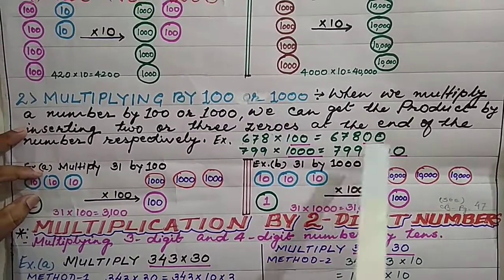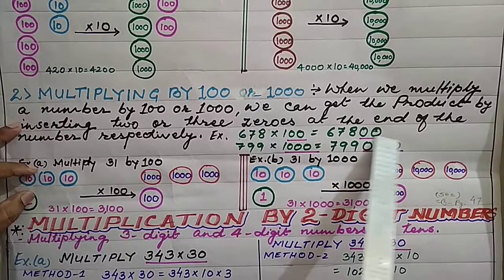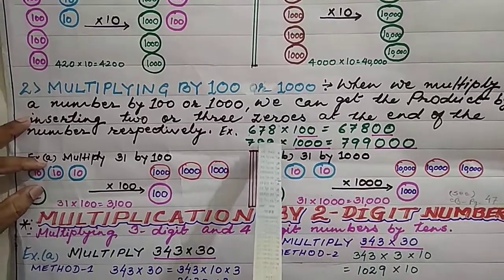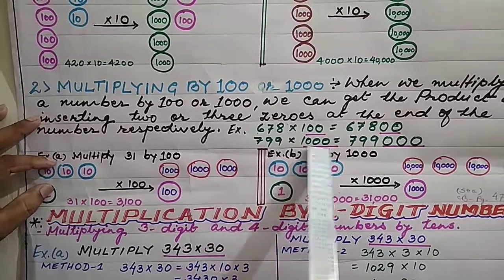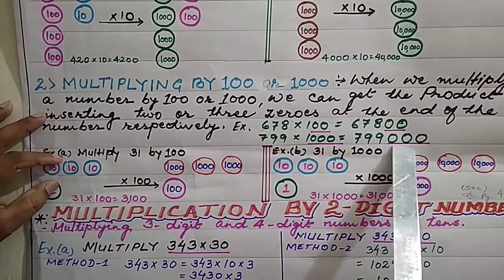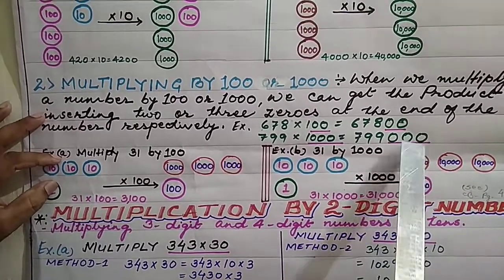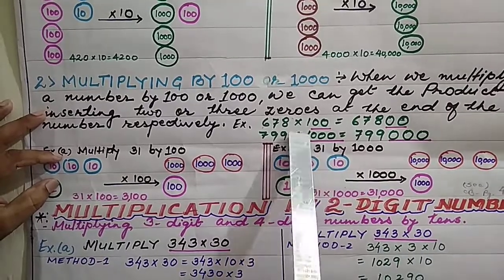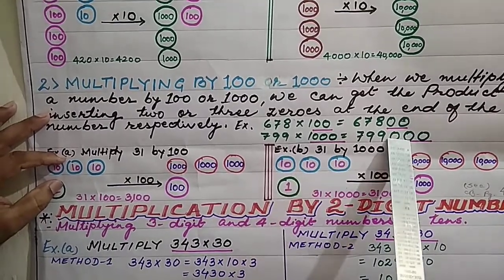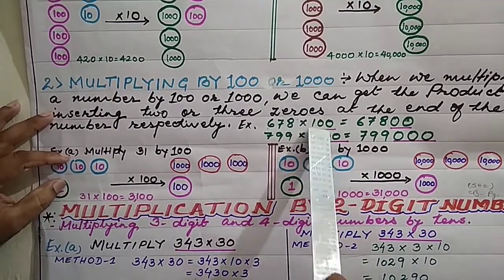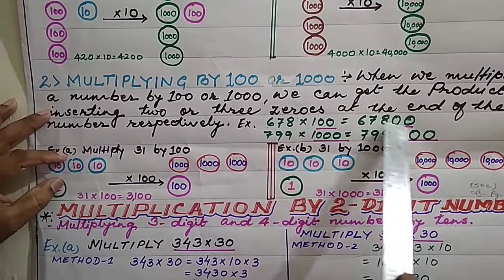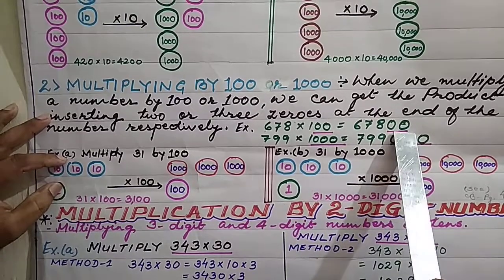So here 2 zeros are added. Similarly, when 79 is multiplied by 1000, in the product 3 zeros are added. You can see here 1000 has 3 zeros, so in the product also 3 zeros are there. Here also 100 has 2 zeros, so in the product also 2 zeros are there.